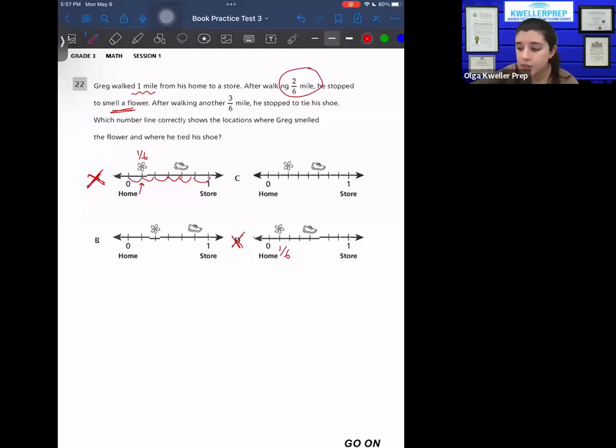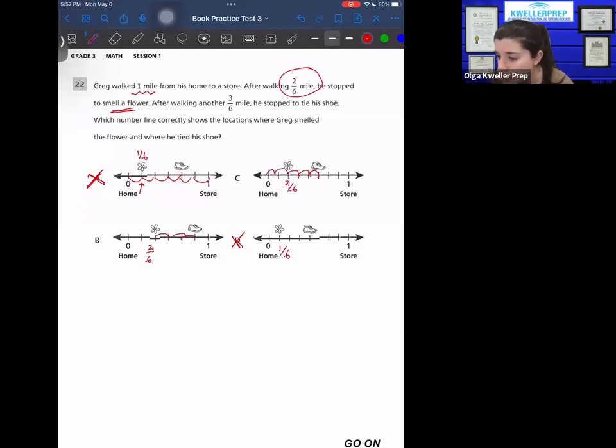In both cases, here the flower is at 2/6, right? Then they tell you that they walked 3/6 more miles, right? So 1, 2, 3, right? Versus here, it's 1, 2, 3. So what's the difference?